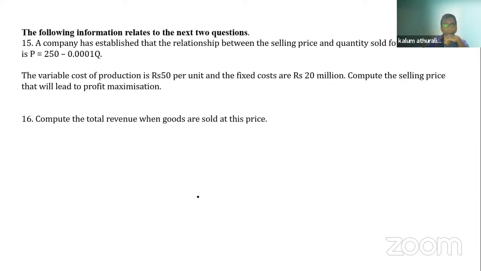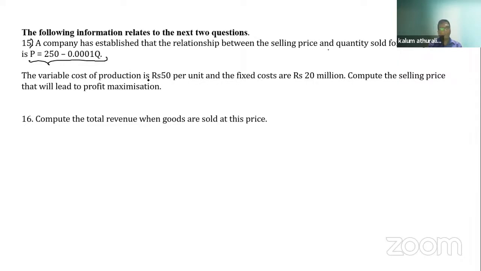The following information relates to the next question. The company has established the relationship between the selling price and the quantity sold. Now this is called the demand function.